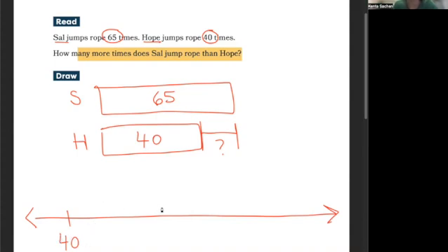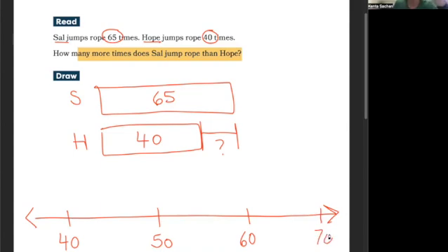So 40. What's my next 10 after 40? 10, 20, 30, 40, 50. What's my next 10 after 50? 60, good. And what's after that? My next big 10? 50, 60, 70.